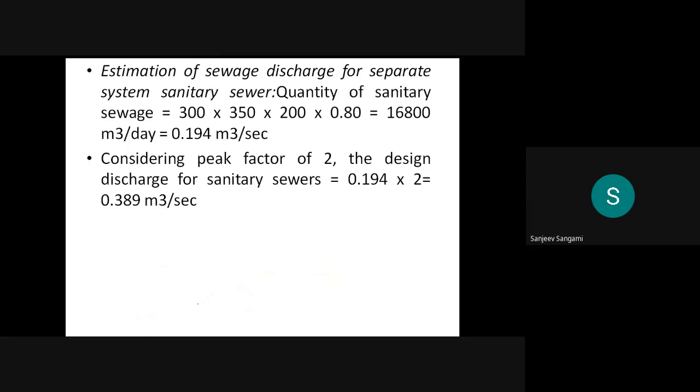Next, calculate the sewage flow. When you are calculating the sewage flow, start with the population. Population he has not given. Population is equal to 300 hectares he has given, multiplied by 300 persons per hectare.